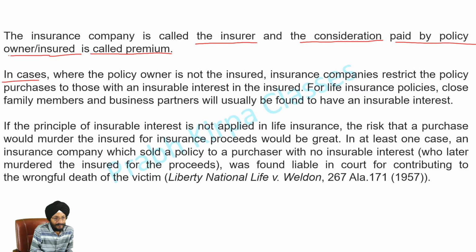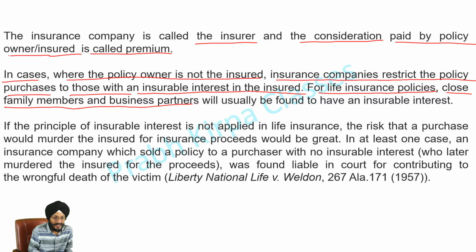In cases where the policy owner is not the insured, the insurance companies restrict the policy purchases to those with an insurable interest in the insured. For life insurance policies, close family members and business partners will usually be found to have an insurable interest.